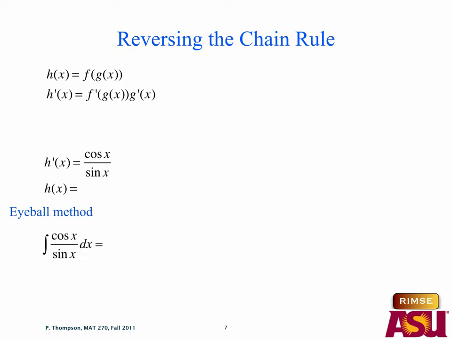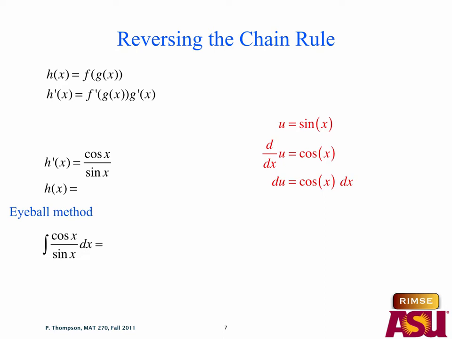And the derivative of sine x is cosine x. So I sort of have all the right pieces to say that I've composed 1 over x and sine of x. And if I think about the derivative of 1 over sine x, I will in fact get this, right?